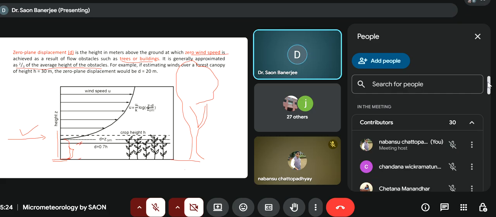So the D amount is very high. If this crop height, for example, is 1 meter, then this D is 0.7 meter.